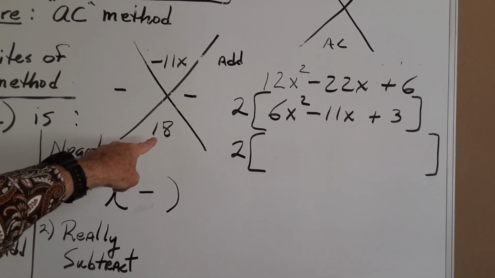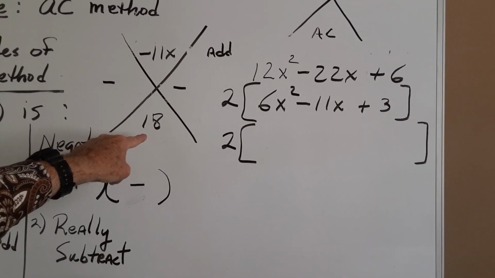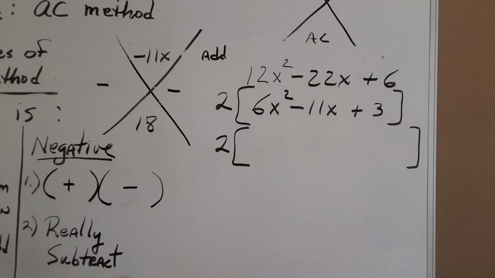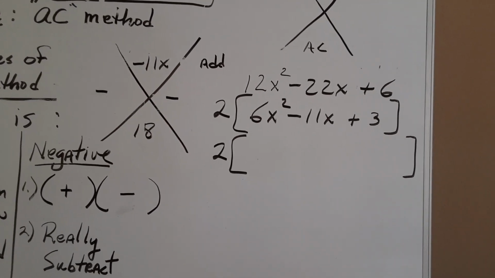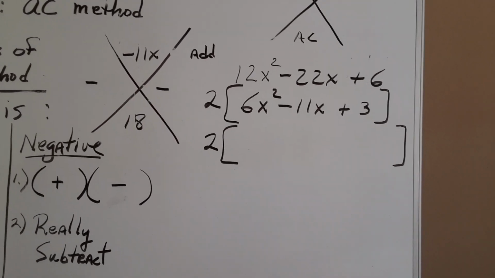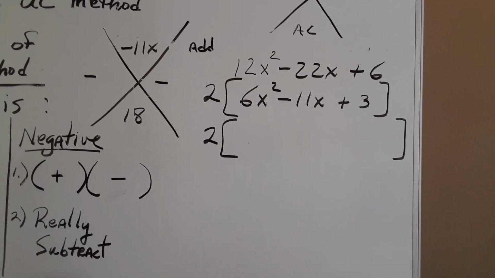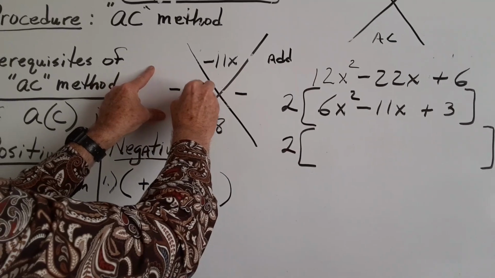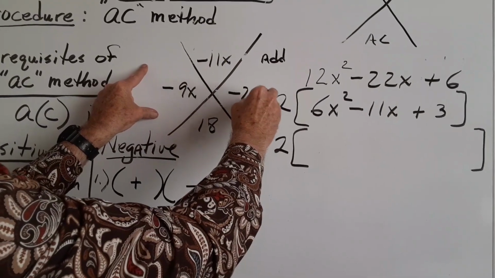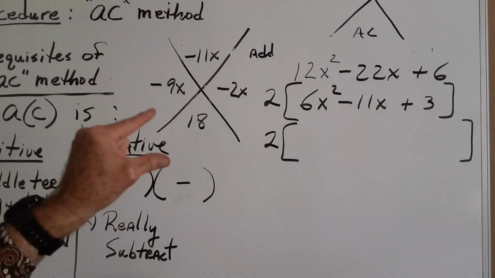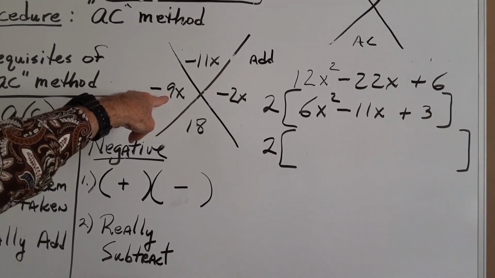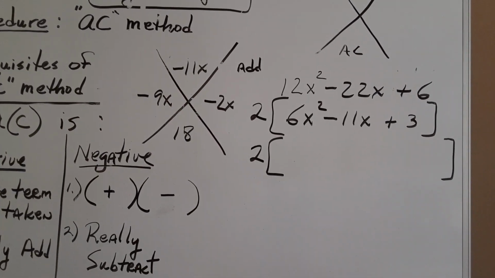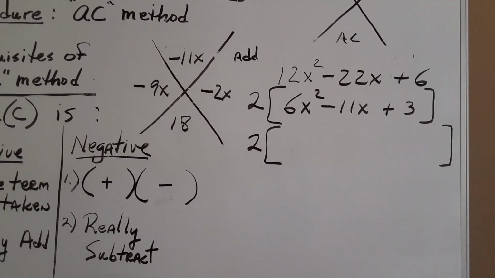We need 2 factors of 18 that when added together would give 11. 9, 2. 9 plus 2 is 11. 9 times 2 is 18. Negative 9x, negative 2x, or negative 2x, negative 9x. It doesn't matter.